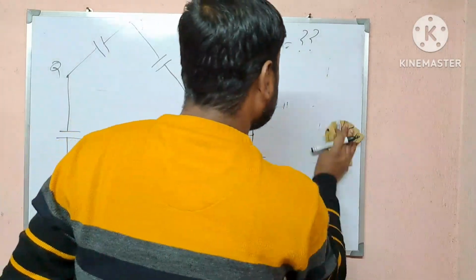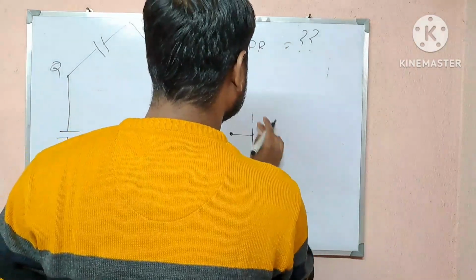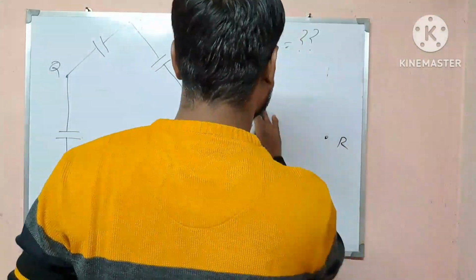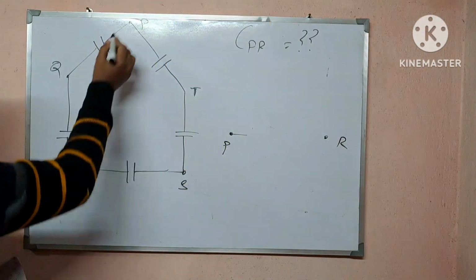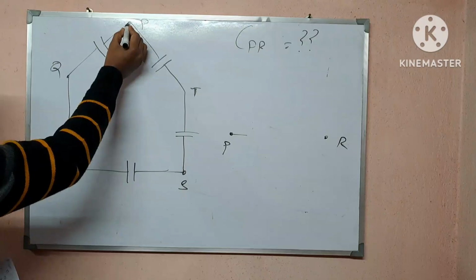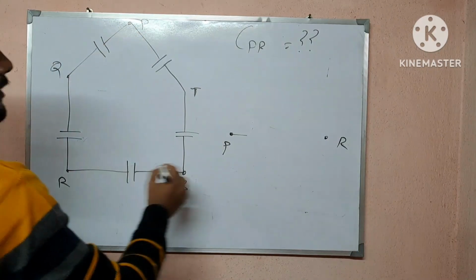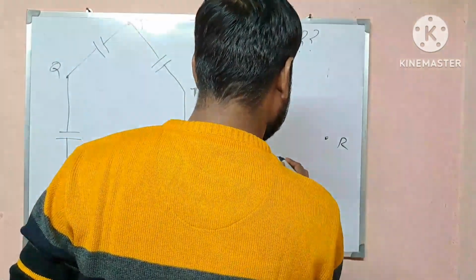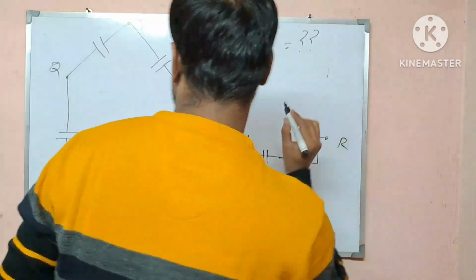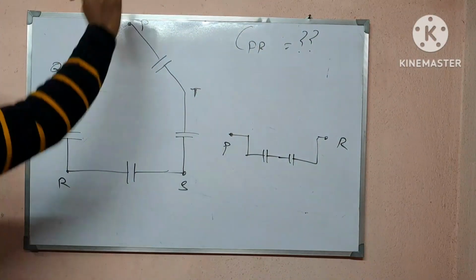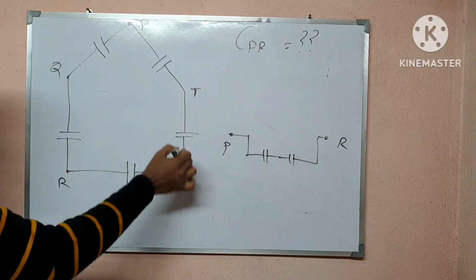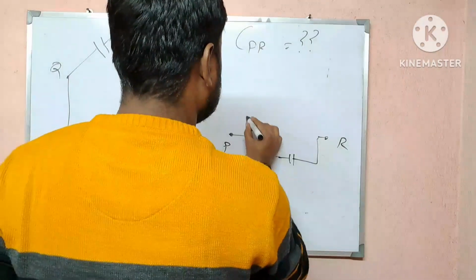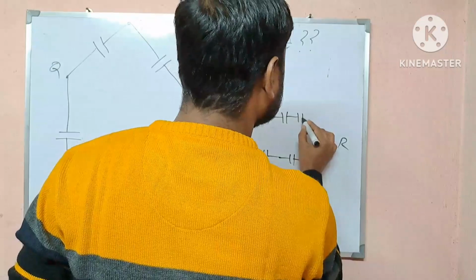So now we will take these 2 points P and R in this way. Now P and R are connected by 2 paths. P to Q, Q to R. This is P to R. Similarly, from P to T, T to S, S to R. That easy.